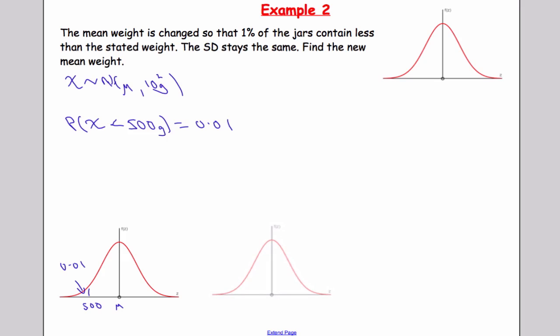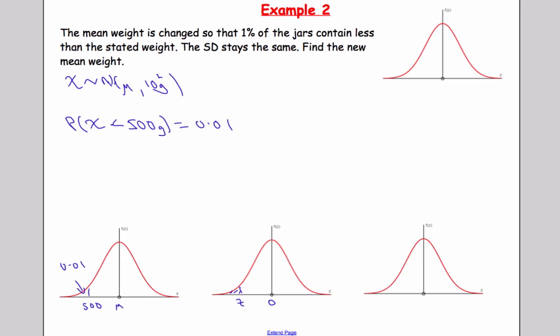So we're going to transform it, as always, to the standard normal. So I'm going to look for a z-score, and I'm going to look at this region here. But I also know that I can't find probabilities to the left.